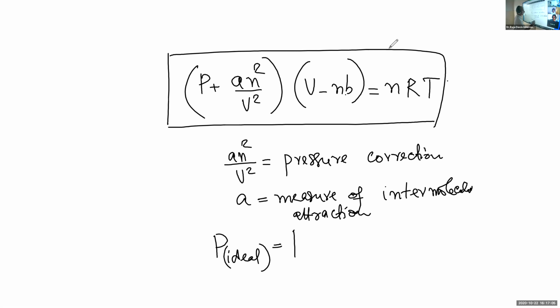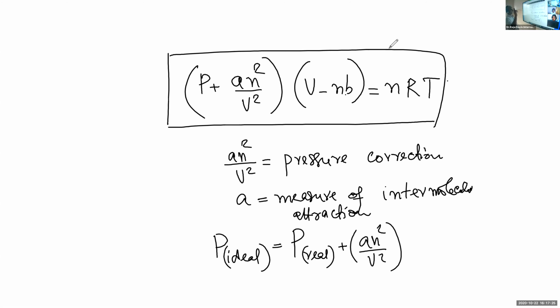The measured pressure is P real. The real pressure, measured, plus a n square by V square, where a n square by V square is the pressure correction.